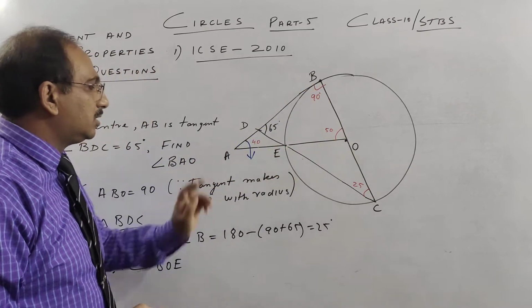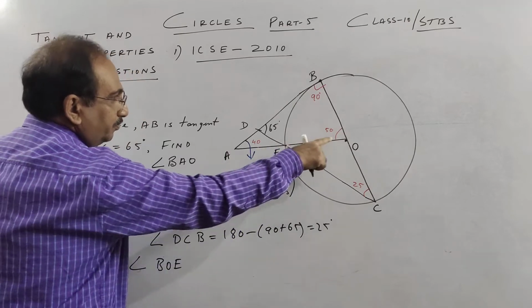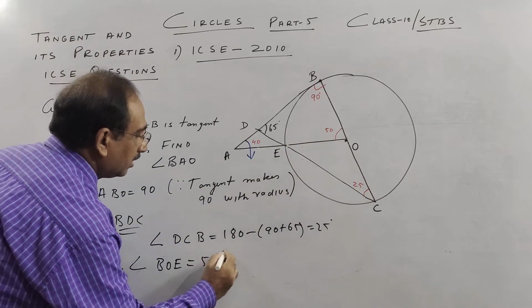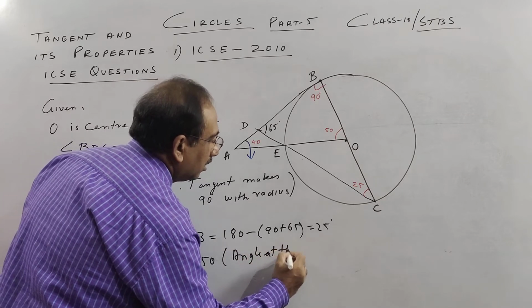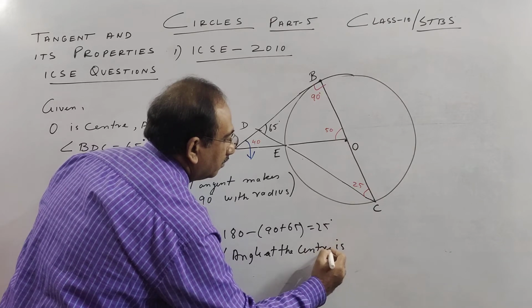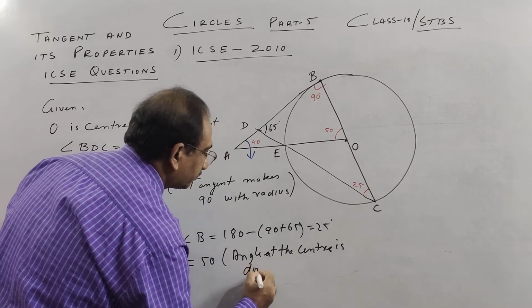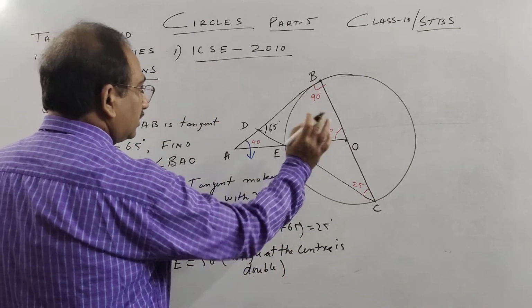So this full angle is BOE, or you can say BOA, equal to 50 degree. The angle at the center is double the angle at the circumference. So we get this as 50.